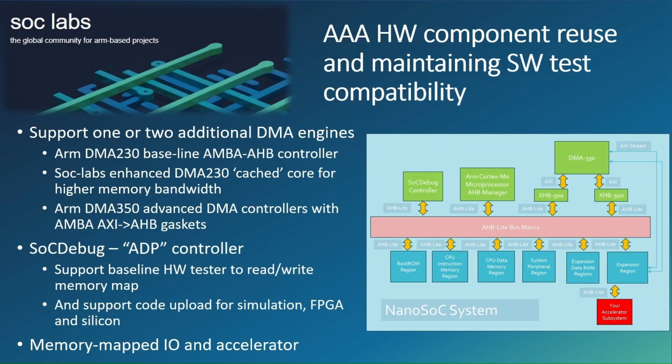At SoC Labs, we've enhanced the design a little bit at the top level to improve the bandwidth of this IP. We've also added in the DMA-350, which is a much larger, more complex DMA, so increased area. But it does provide support for two AXI-S manager ports, which can then increase bandwidth. It also adds support for streaming.